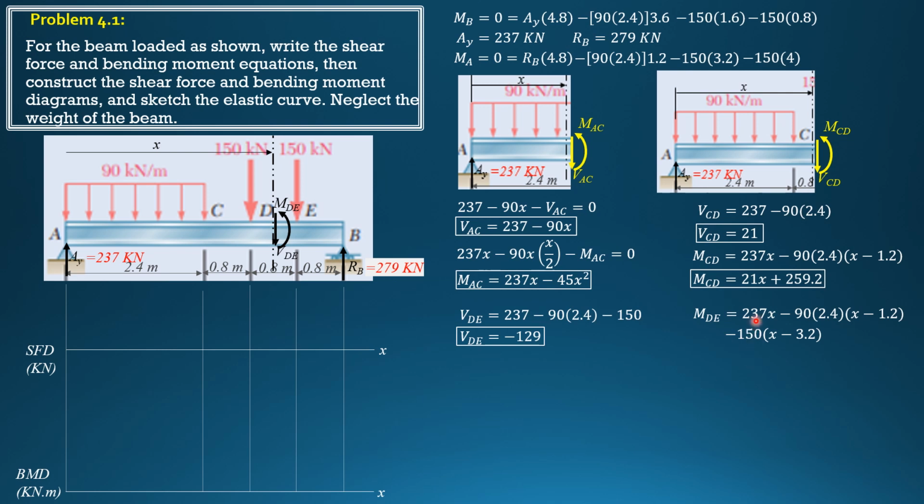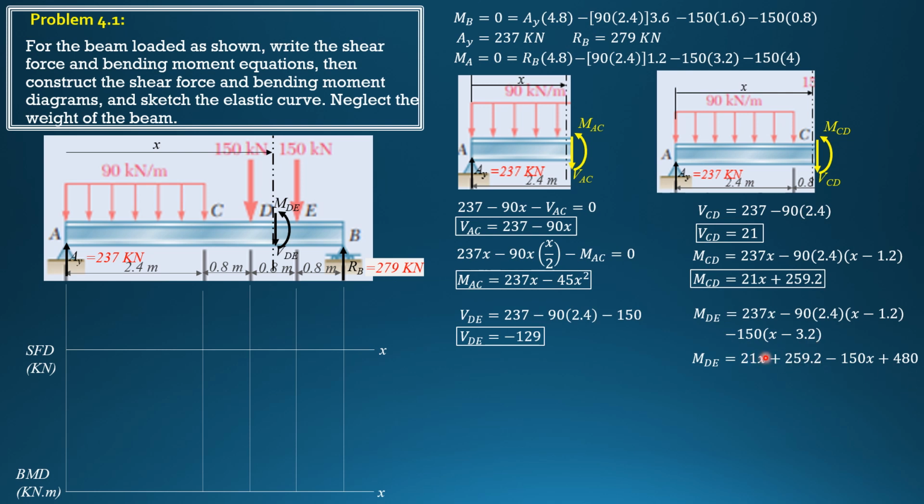Or the shortcut is because this simplifies to that preceding value 21x plus 259.2, then we will just include negative 150x, then negative 150 times negative 3.2, which is 480.